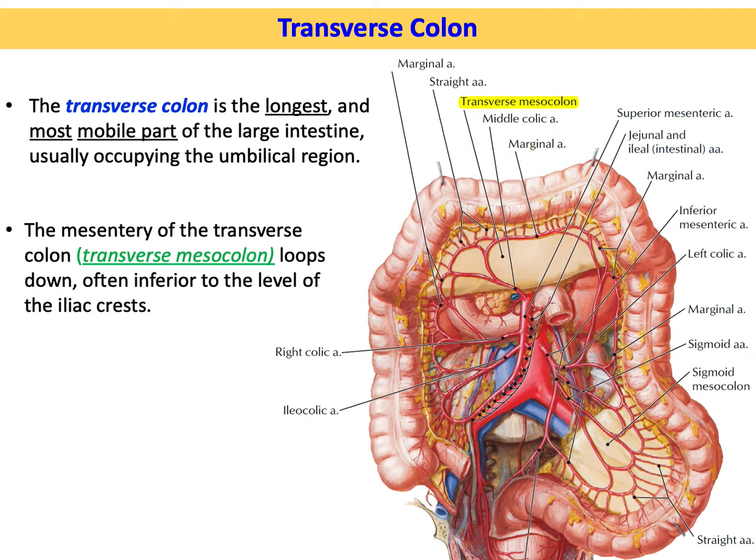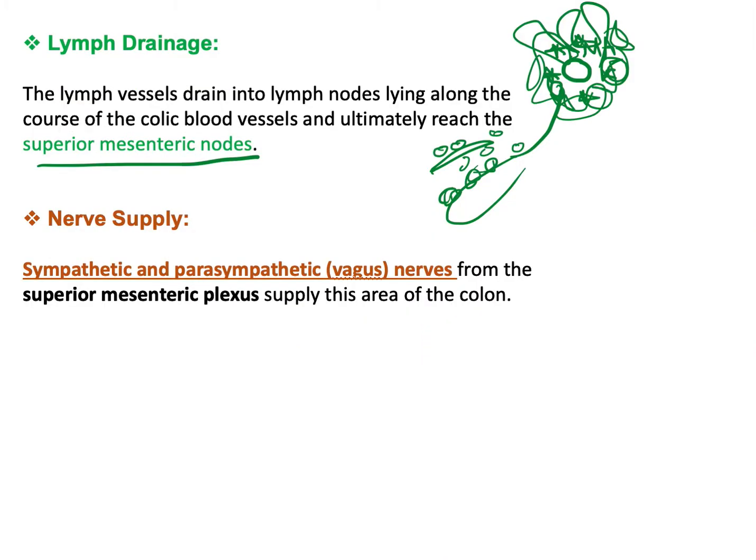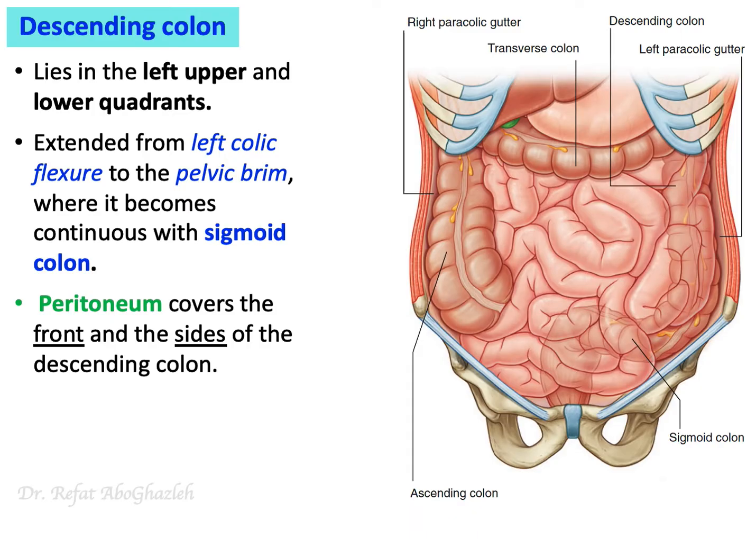Okay, I will skip now the transverse colon because it's better to study directly the descending colon because it's a mirror of the cecum and ascending. So this is the shadow you see here of the descending colon.